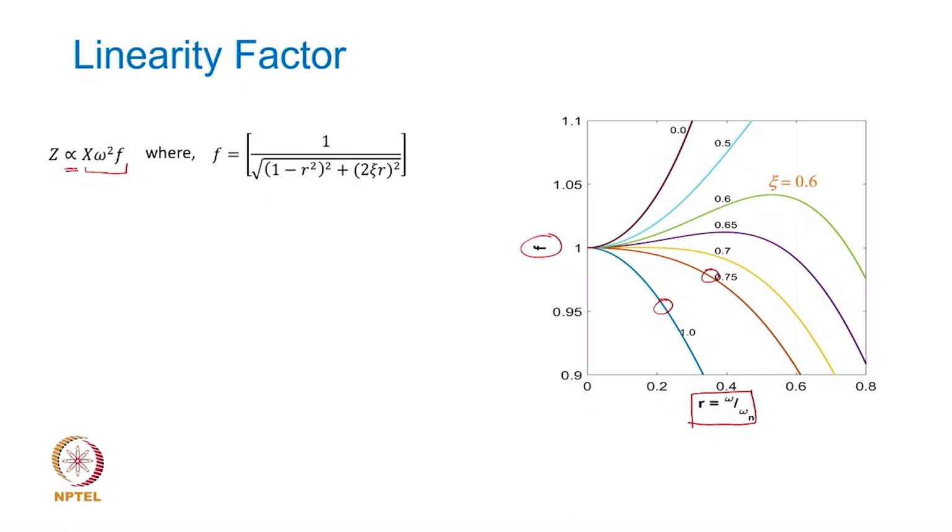So, this is a sort of zoomed region, focusing on the very low values of these ratios, okay, and high levels of damping. What you notice is for a damping ratio of 0.7, the curve is almost straight and linear, I mean horizontal, up to a frequency range which is given here, maybe 0.25 or so.